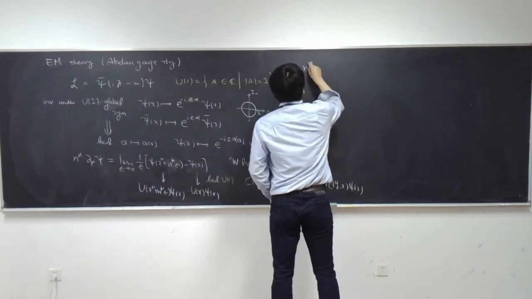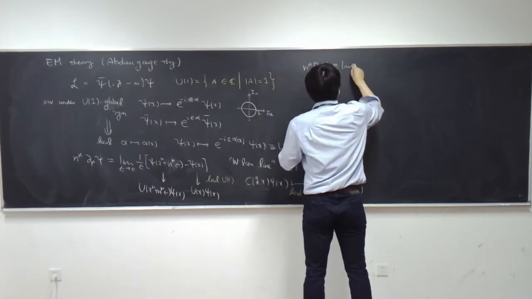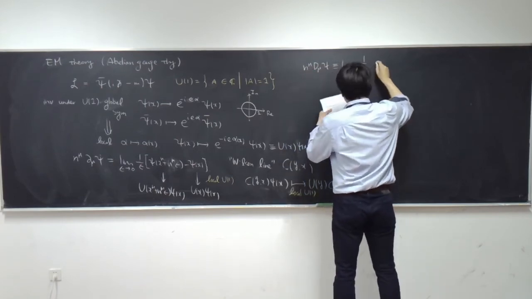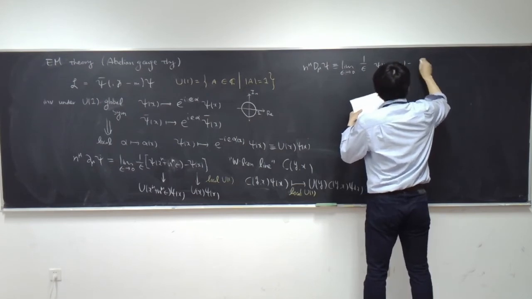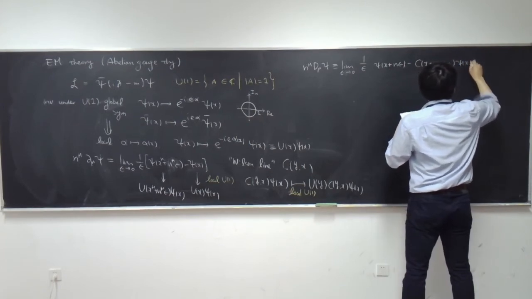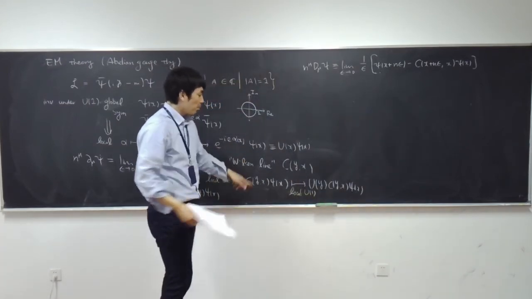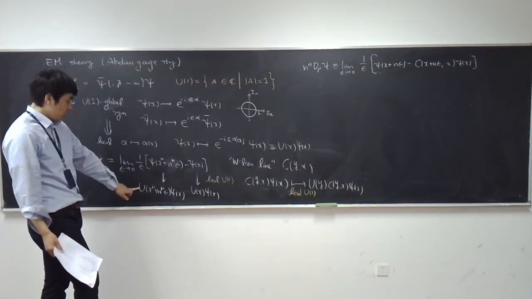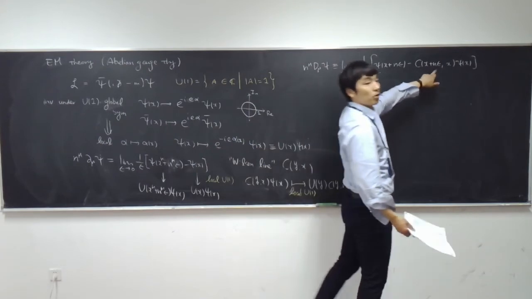Let's define the so-called covariant derivative as the limit epsilon goes to 0 of 1 over epsilon times [psi(x plus n epsilon) minus C(x plus n epsilon, x) psi(x)]. So we just include some Wilson line that bridges the points x and y, such that under local U(1) symmetry, both behave the same way.